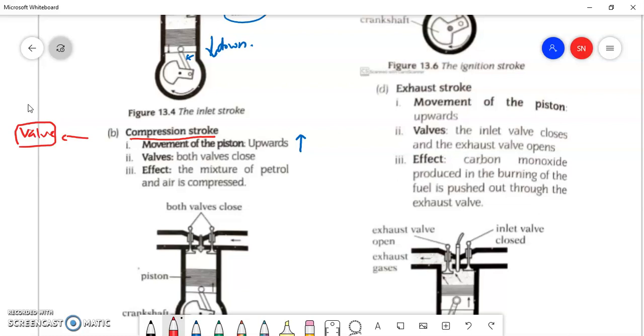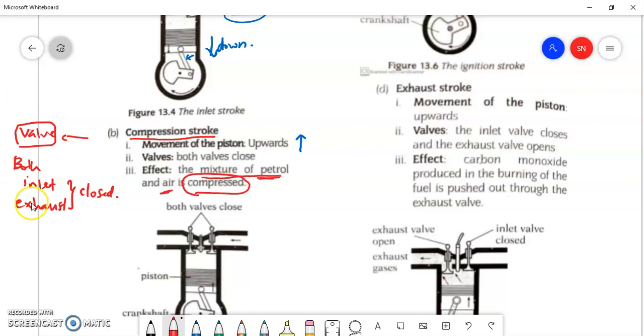So we have to keep both valves closed. There are 2 valves, remember, inlet valve and also exhaust valve. Both are closed in this case. What happens? The petrol and air mixture is compressed in this stroke.